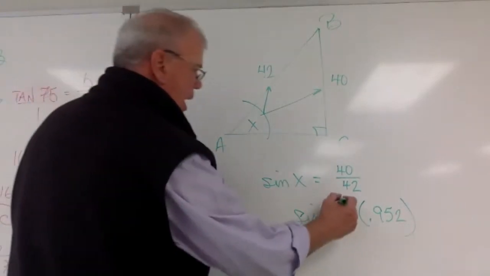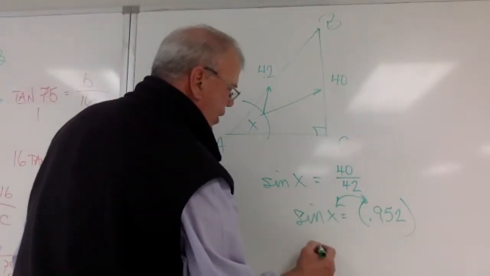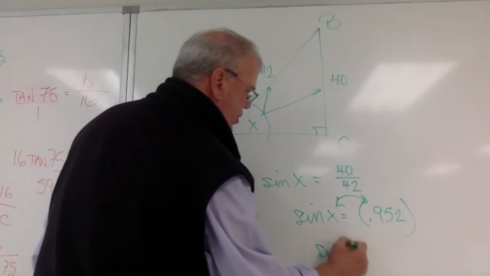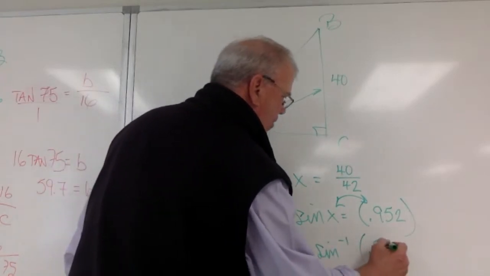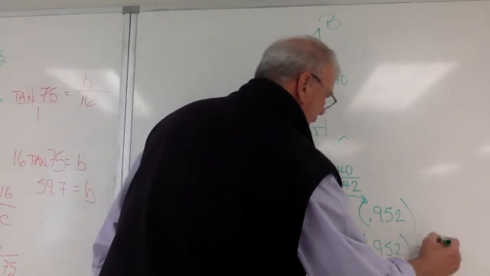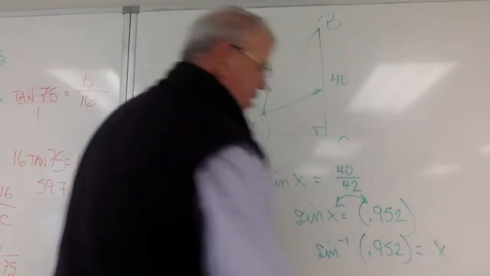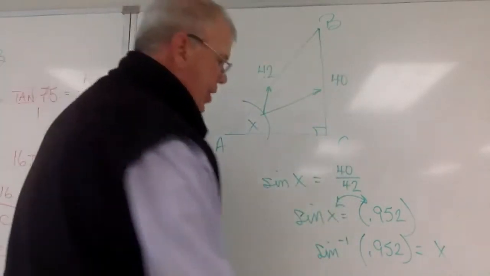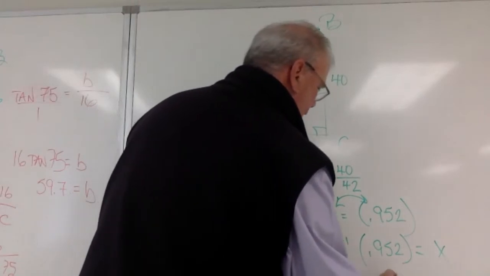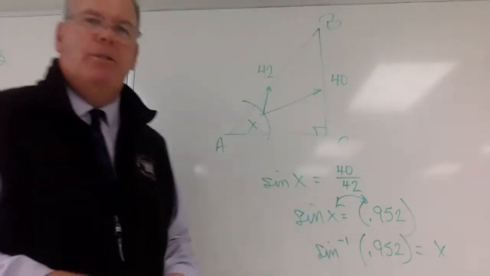So now I'm taking the inverse sine of 0.952. That will tell me what the measure of the angle x is. And what do we got? 72 degrees. Does that make sense to you guys?